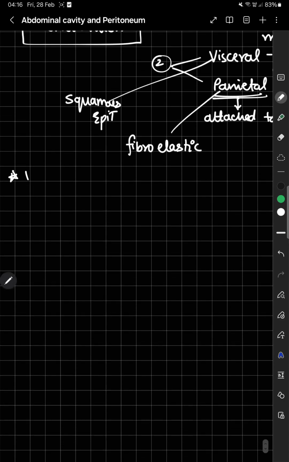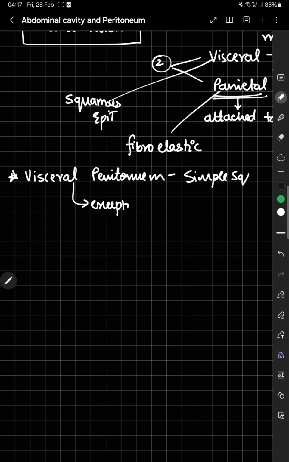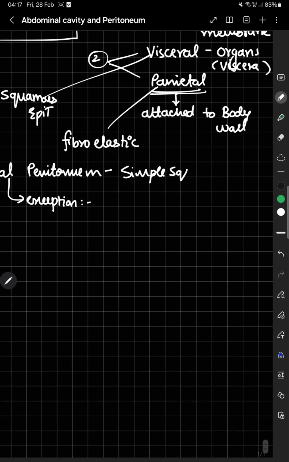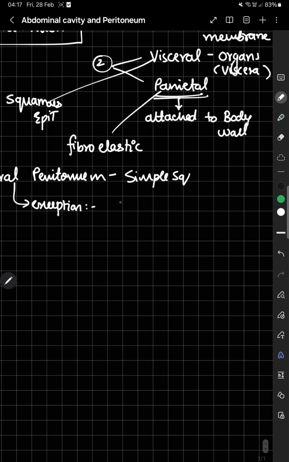Visceral peritoneum is normally simple squamous, but we have an exception in females.